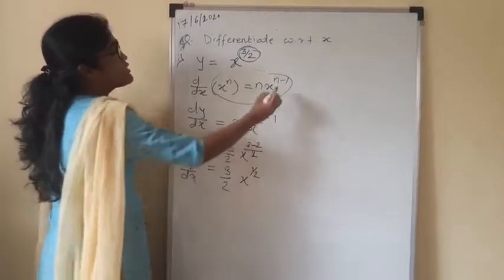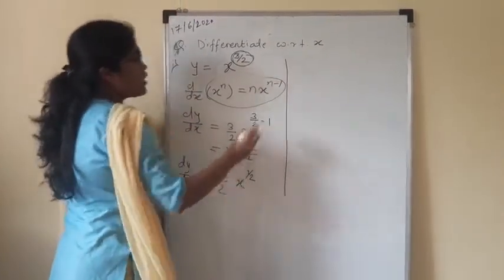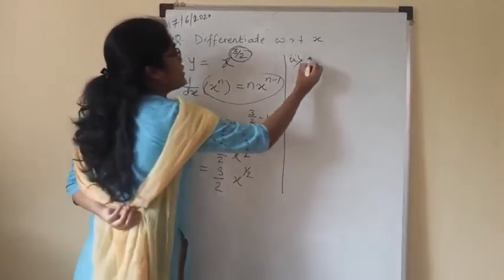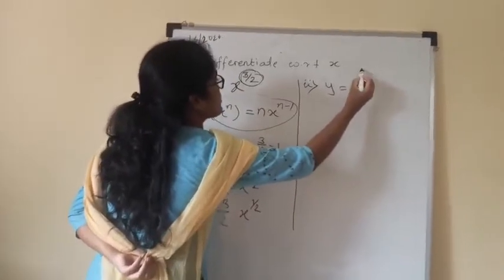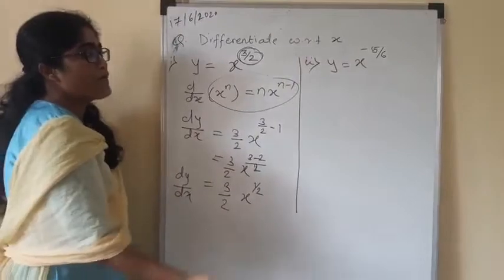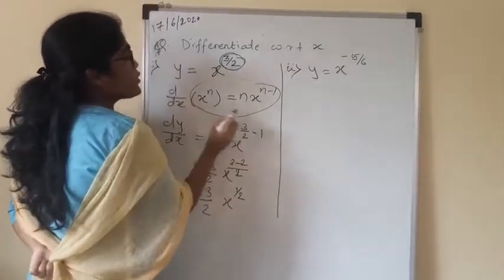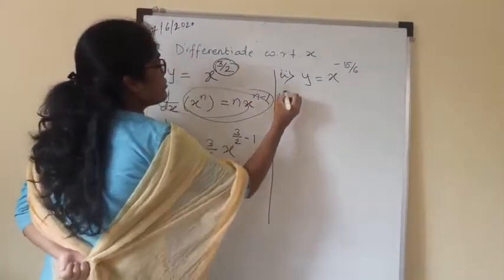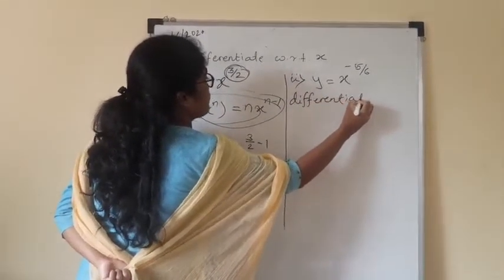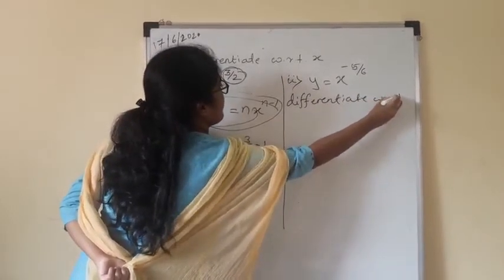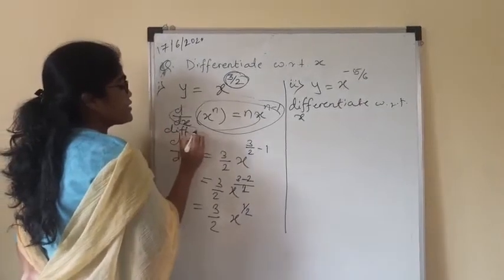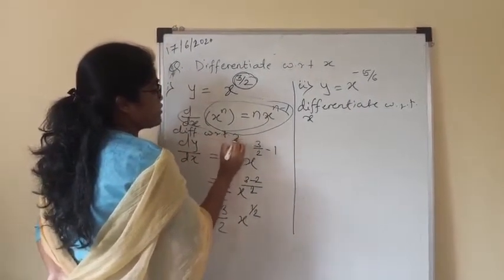In a similar manner, we will see one more example. y is equal to x raised to, suppose, minus 5 upon 6. Again we are going to use the same result. So differentiate with respect to x. Here also you are supposed to write that we are differentiating with respect to x.